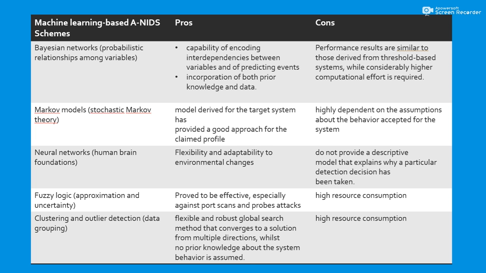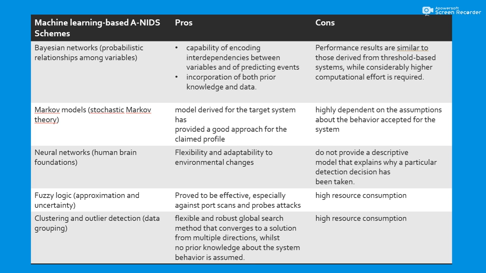Then come clustering and outlier detection techniques, which work by grouping the observed data into clusters according to a given similarity or distance measure. The advantage of this type of scheme is that they are more flexible and robust against a global search method that converges to a solution from multiple directions, while it doesn't require any prior knowledge of the system.